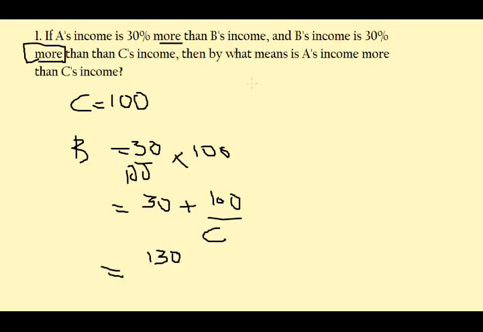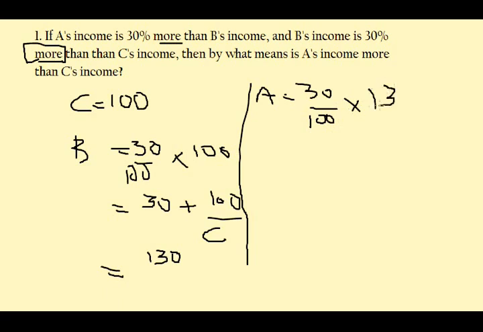Now A's income is 30% more than B's, so this is 30 upon 100 of B. Here we get the answer 39. Then 39 plus 130.